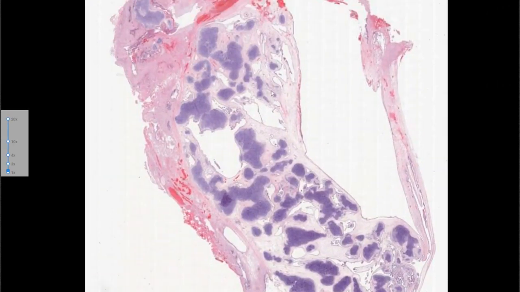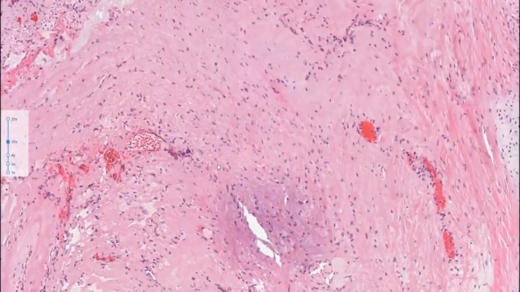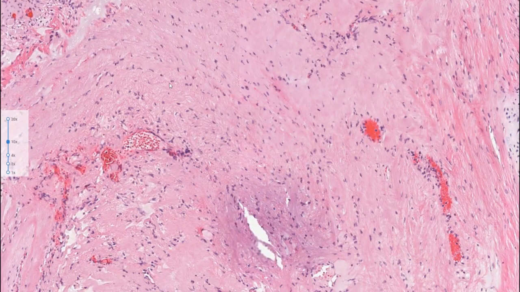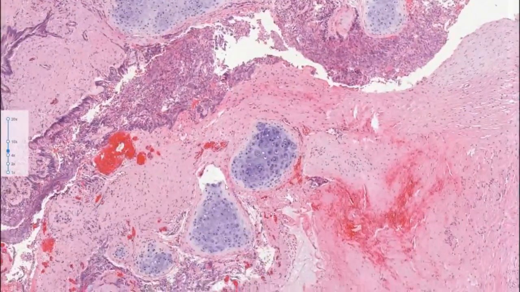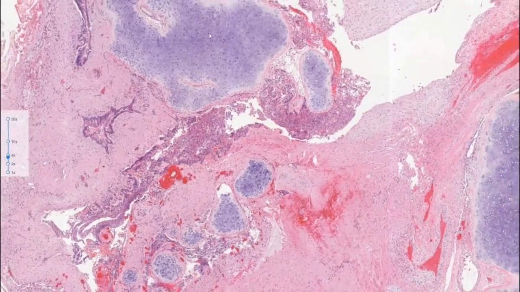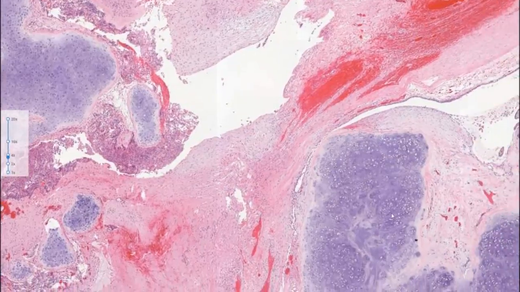And this one is a little bit different. The main thing, of course, that catches your eye at low power is this abundance of hyaline cartilage.